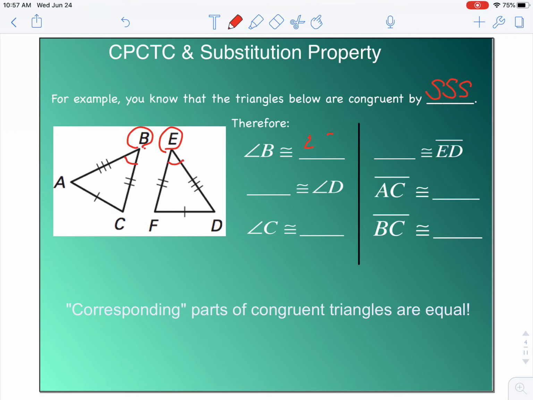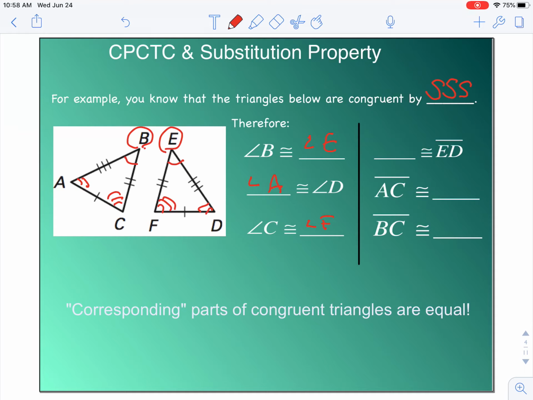So that would be angle E. We know that angle D right here is corresponding and congruent to the one that's between the 1 and 3 tick marks. So that would be congruent to angle A. And angle C right here is corresponding and congruent to angle F. So it does make a difference which sides it's included between.